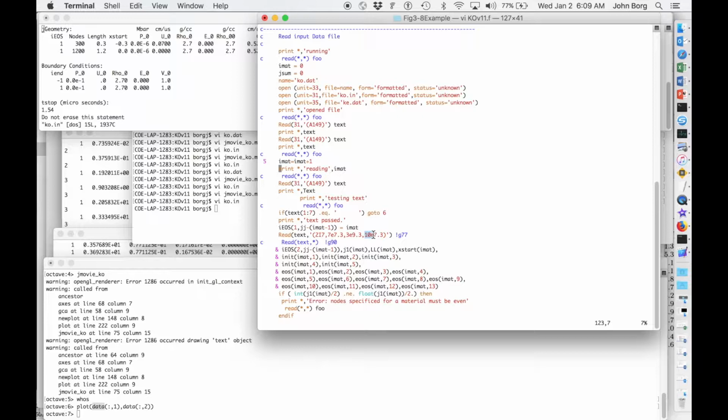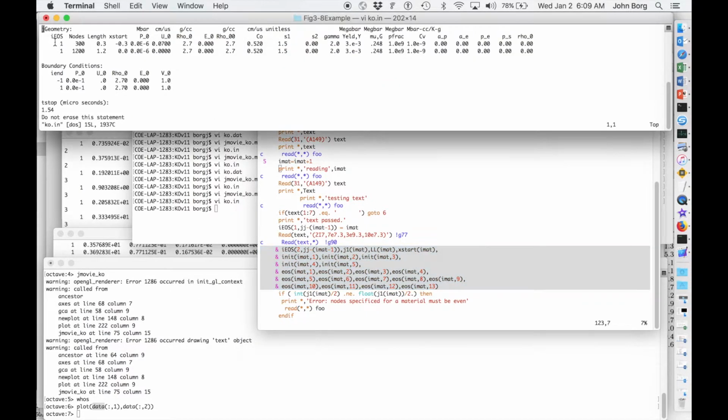Here's 10 scientific notations that are 7 digits long, 3 digits past the decimal place. Here's all the variables, right? So if you added these up, 2, 9, 12, 22, there's 22 variables here that are being inputted. So that's what we've got going on here. Here's 22 numbers that describe a material insert within KO.